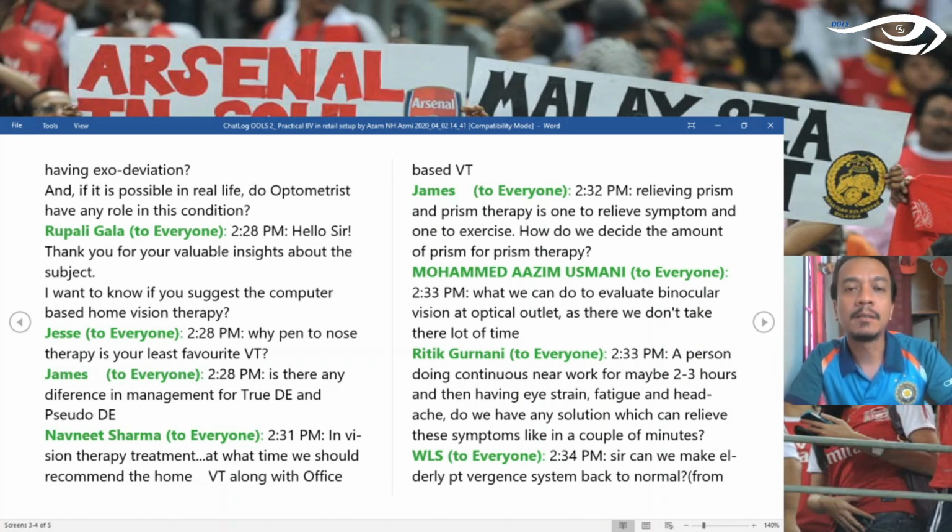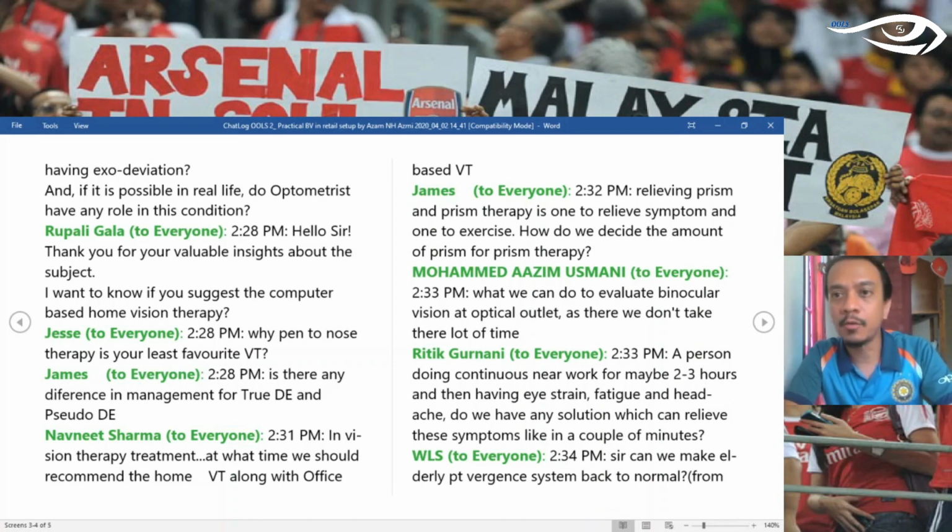So I will recommend the therapy be done in the morning, so that the eye is much fresher and the patient is much more motivated, and the compliance rate may increase. That is my opinion, by the way. But if you ask about literature saying that morning vision therapy is much better than evening vision therapy, I don't have that. As far as I'm concerned, there's no research conducted to prove otherwise. So I hope that answers your question in your context. That's what I understand from your question.